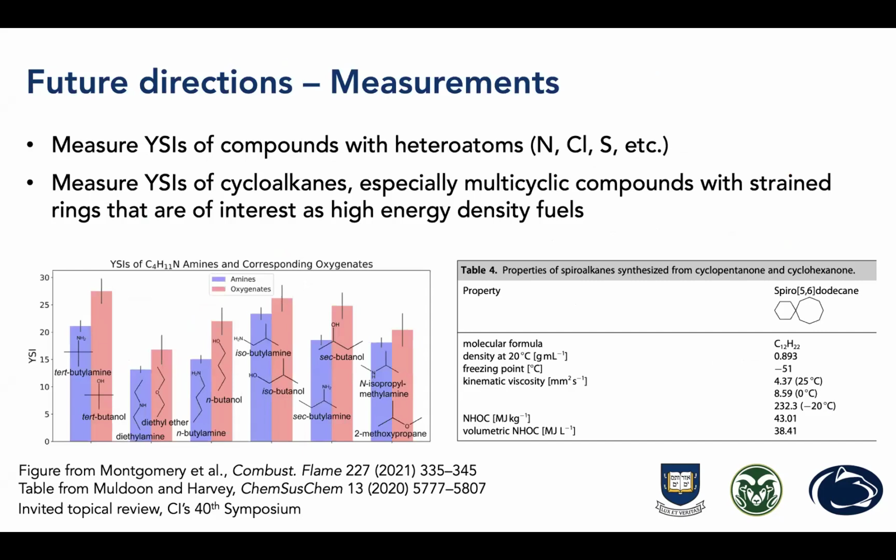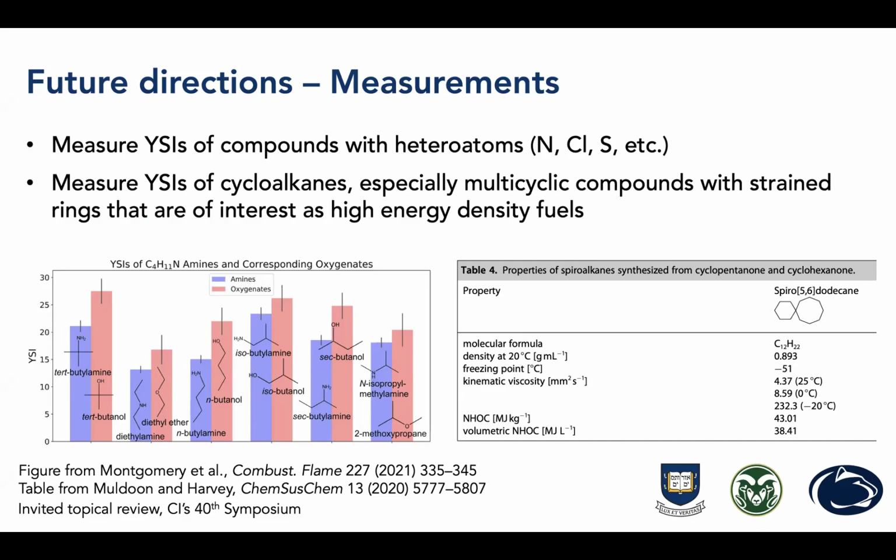So what are some of our future directions? For measurements, we want to measure more compounds with heteroatoms, like nitrogen, chlorine, and sulfur, for example. Why is this interesting? From Matthew Montgomery's thesis and this Combustion and Flame article, we see that the sooting propensity of the nitrogen substituted compounds is lower for every one of these that was tested.